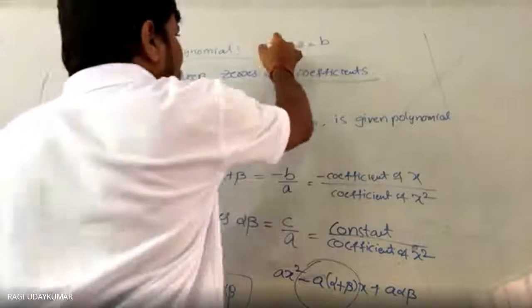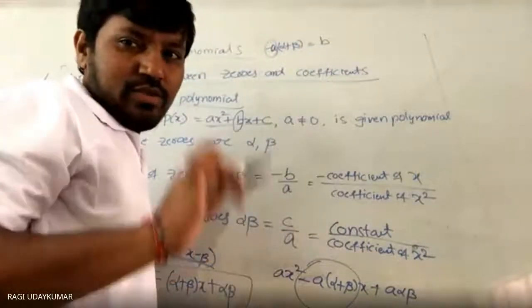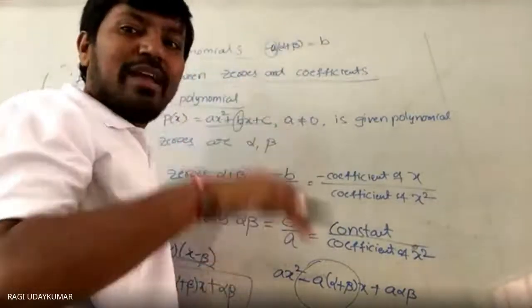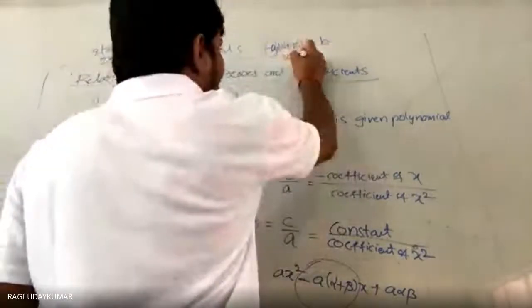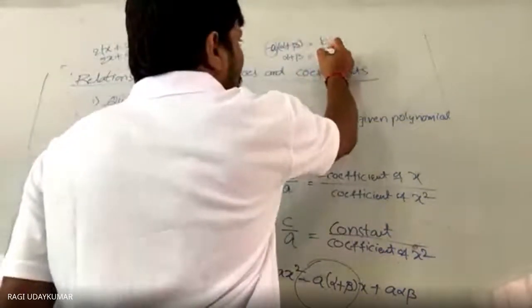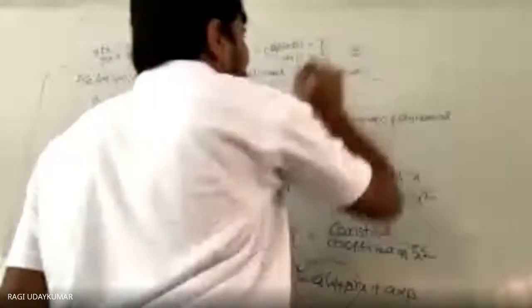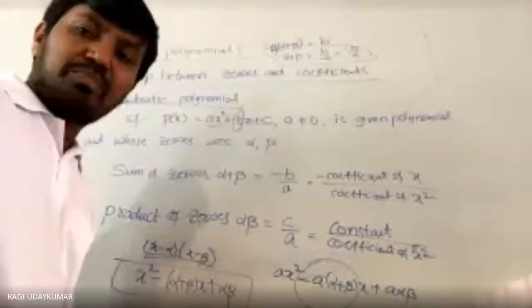This a is multiplying, so when you send it to the right side, it divides. Then you get alpha plus beta equals b by minus a, which can be written as minus b by a. So this is the proof of why alpha plus beta is minus b by a.